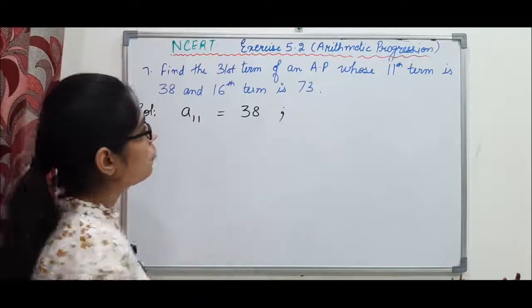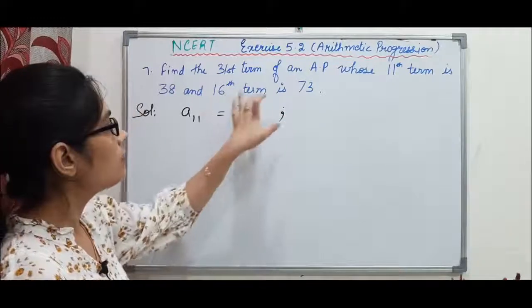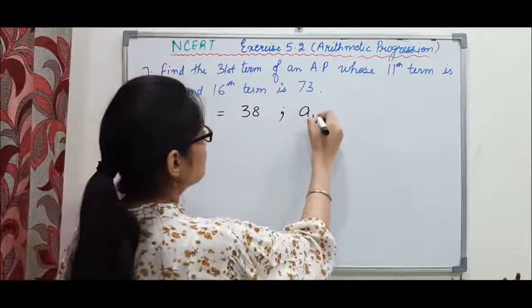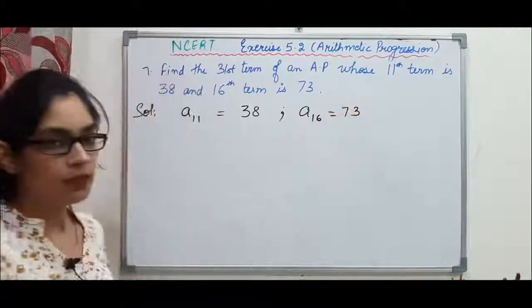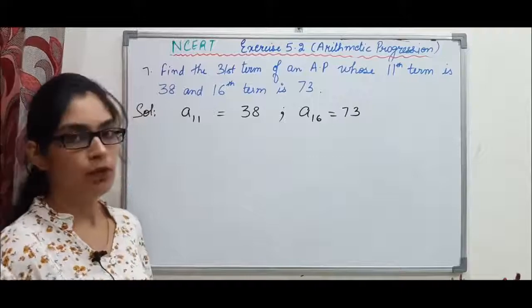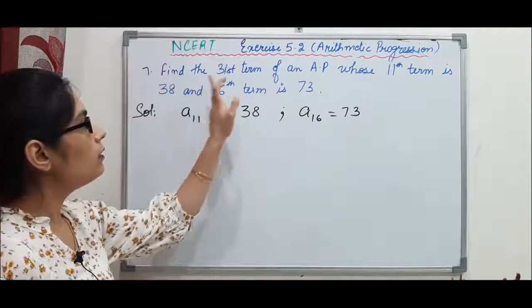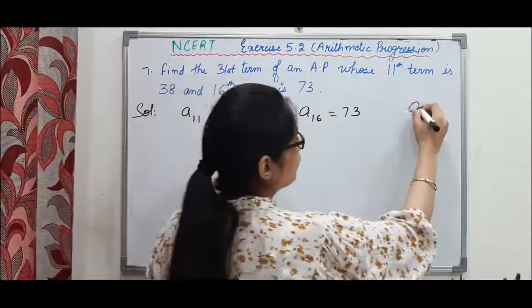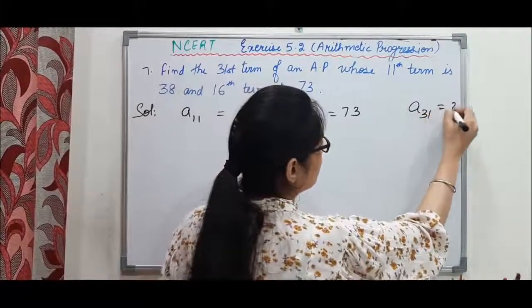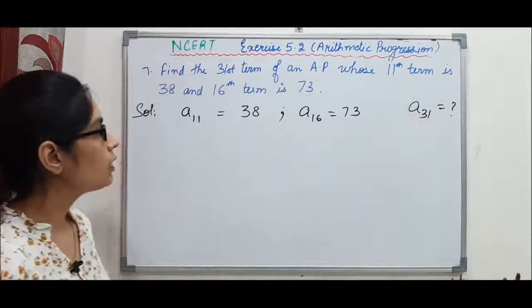And another piece of information is given, that the 16th term, that means A16, is also given to me, it is equal to 73. So this is the given information. Now what we have to find is the 31st term of this AP, that means A31 we have to find.